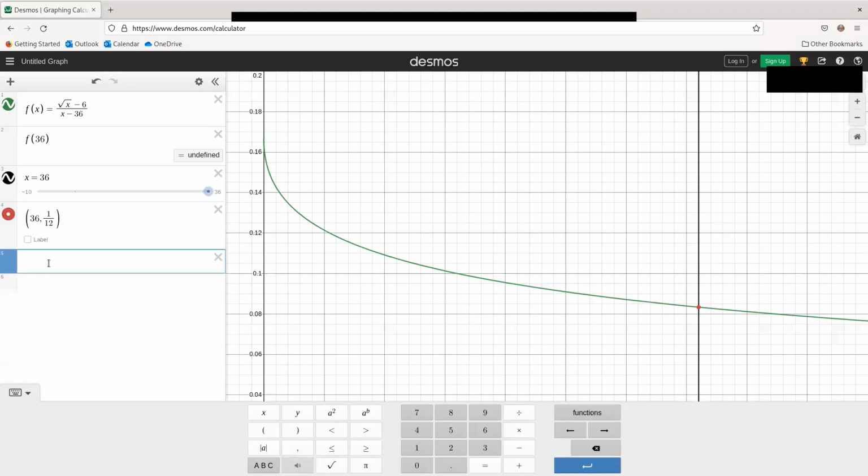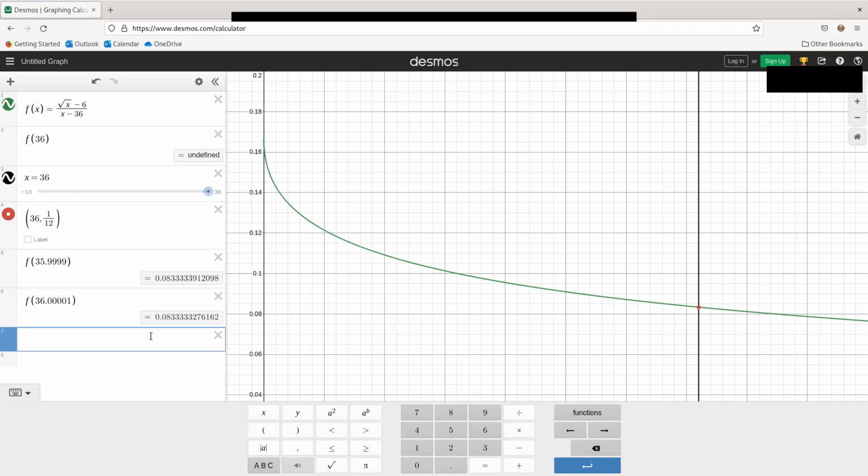So if I check out what is f of, what's right below 36, 35.9999, I get 0.08333-ish. And if I go to the other side, f of 36.00001, I get 0.08333, a bunch of 3s after that.